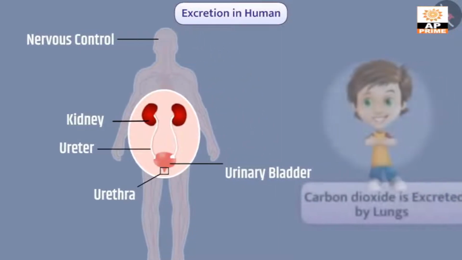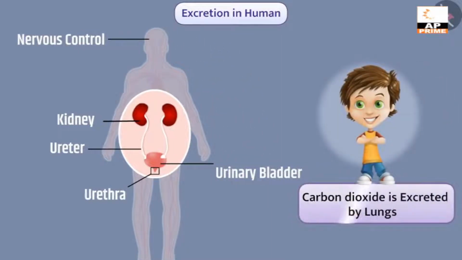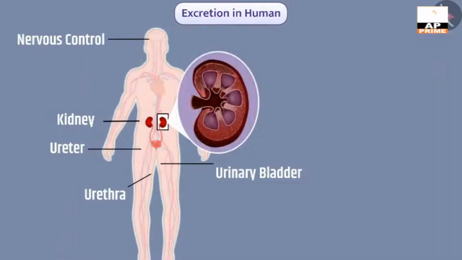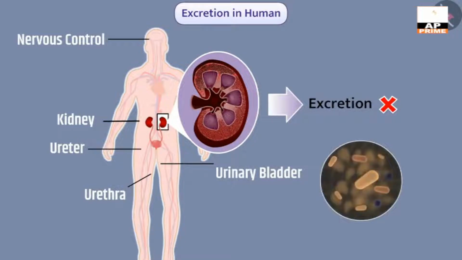Apart from this, carbon dioxide is excreted by lungs and skin excretes water and salts. Due to any reason, if the kidneys stop working, then the action of excretion in the body does not happen properly, due to which harmful waste starts accumulating in the body.